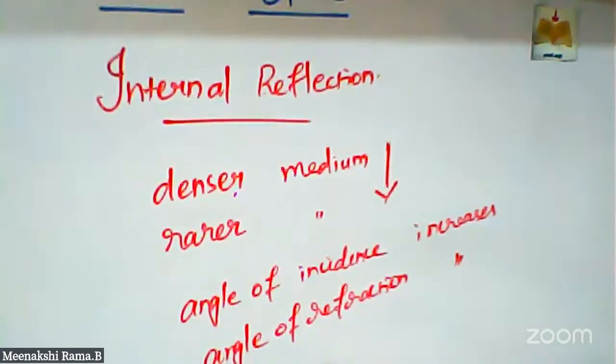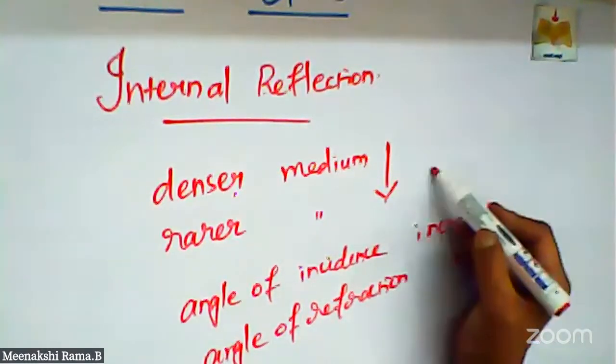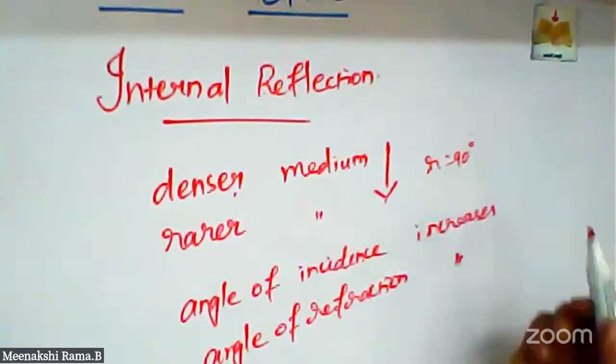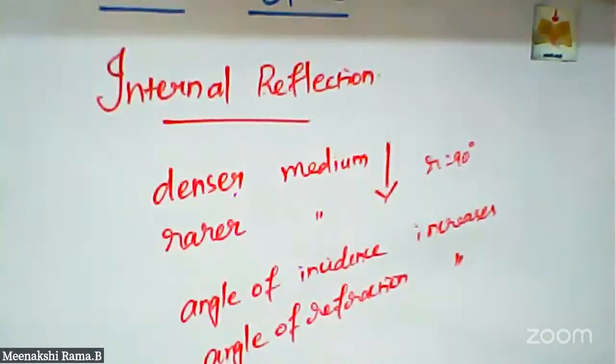Its maximum value is 90 degrees. That particular value of the angle of incidence is called the critical angle.